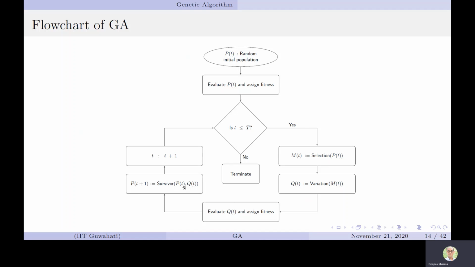This survivor is going to again use some kind of survival of the fittest, choosing the best 10 solutions, increase the counter by 1, and then we keep on moving in this loop till the termination condition is satisfied. Once it is done, we terminate and report our result.